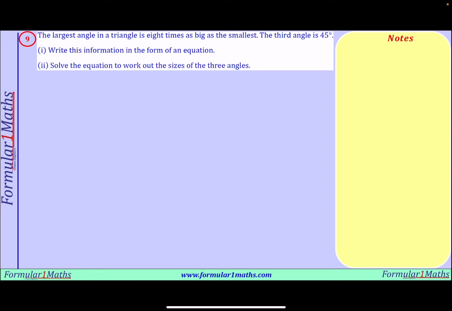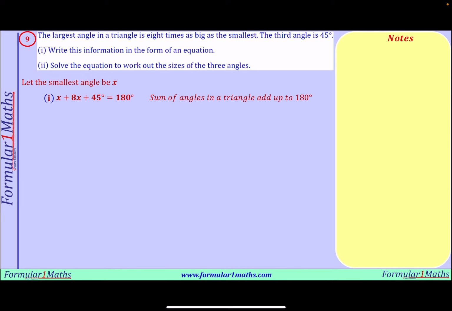We start by saying let the smallest angle be x. In that case, the equation that we are looking for is x plus 8x, which is the largest angle, plus 45 is equal to 180, because the sum of angles in a triangle add up to 180.